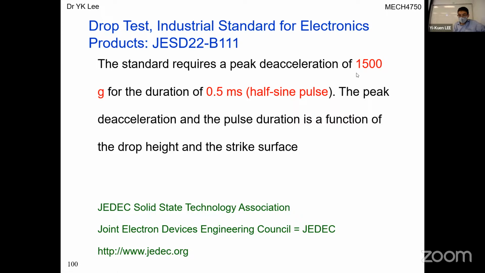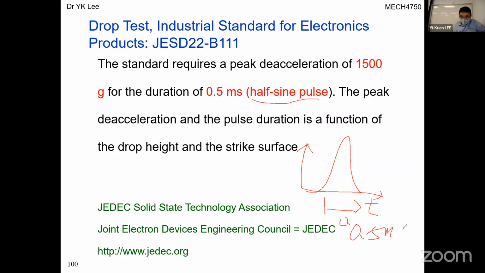So for this one, basically it specifies, right, when you do this kind of testing for your product, you need to get some special vibration test machine and program this kind of input half-sine pulse, and the duration is 0.5 millisecond, right?